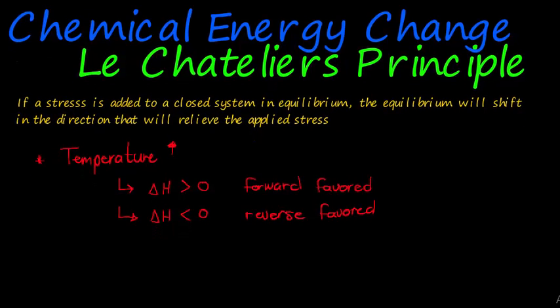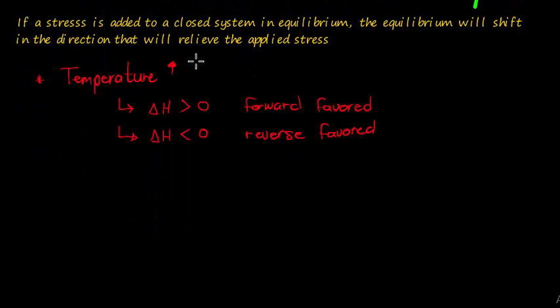Now let's look at what effect a catalyst will have. Because now what we're going to look at is all the effects that things have that increase the reaction rate, because that's what we're trying to do.